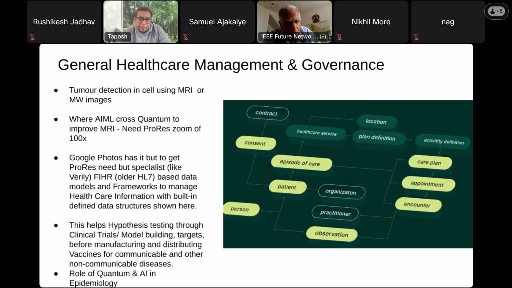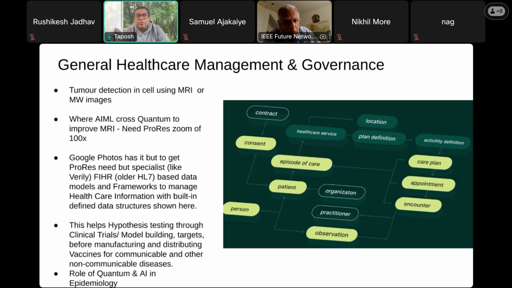So, tumor detection: there is a lot of prior work done on image processing, even before quantum, and now with AI this is getting better. There have been some reports that images processed by the machine are now better than images processed by humans, because humans are prone to error.